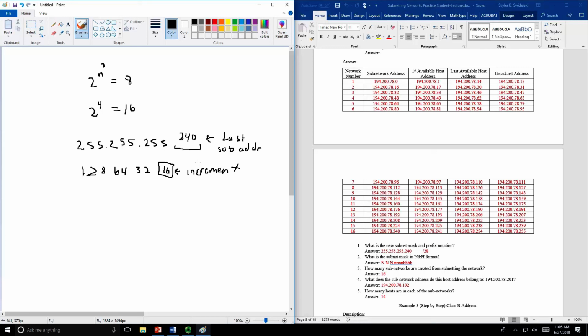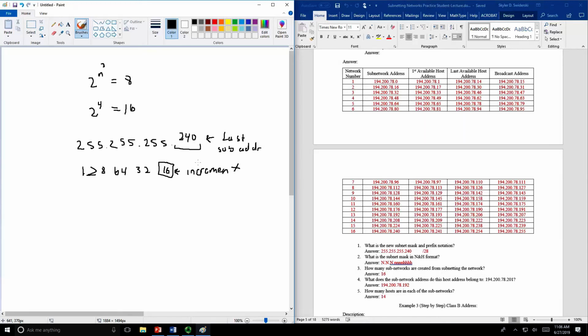And for the broadcast address, we subtract 1 from the next network address, giving 15. Subtract 1 gives us our last available host address, and add 1 to 0, we get our first available host address in the table. Double check your work, make sure that it looks exactly like this. This is the correct answer.